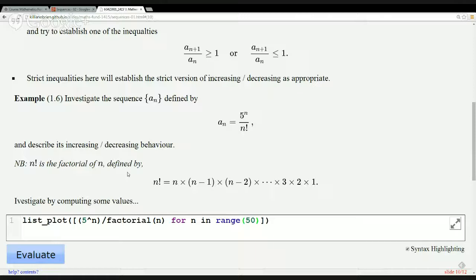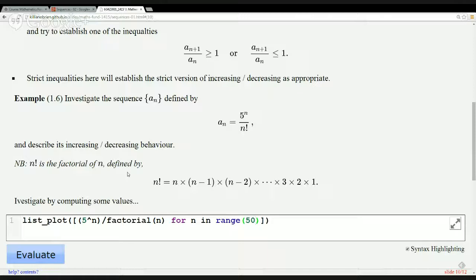So there you can clearly see now the increasing and decreasing nature of the sequence. It's increasing for a while early on. So a_2 is bigger than a_1, a_3 is bigger than a_2, a_4 is bigger than a_3, but then a_5 is equal to a_4, but then after that, a_6 is less than a_5, a_7 is less than a_6, a_8 is less than a_7, and so on, okay?